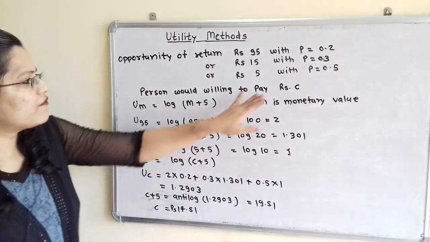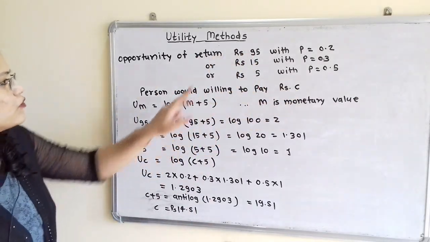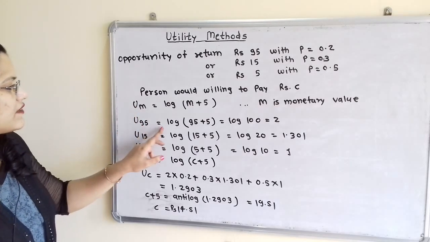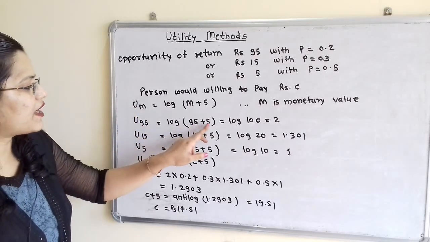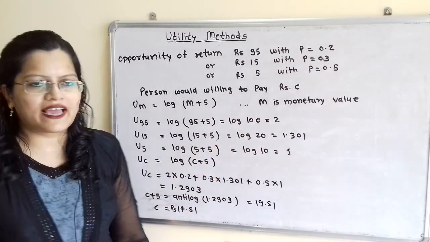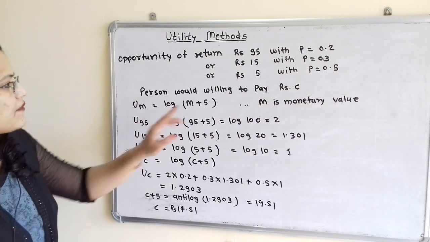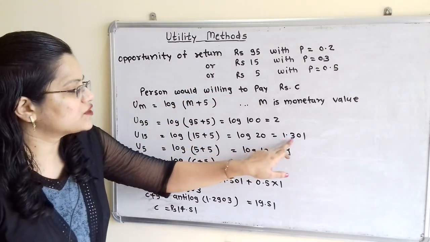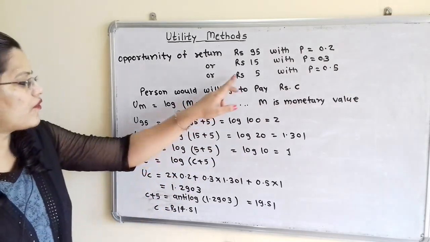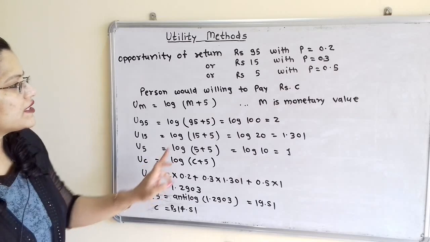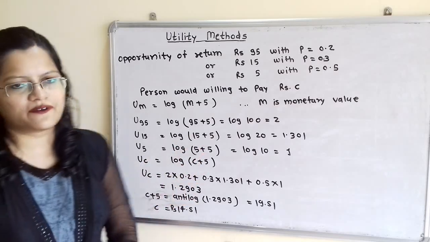So if we put the first monetary value, that is 95, utility of 95, U95, is equal to log of 95 plus 5, that is log of 100, and with the help of calculator the answer is 2. Then in the same way U15 is equal to log of 20, answer is 1.301, U5 is log of 10 and the answer is 1, and UC is log of C plus 5.